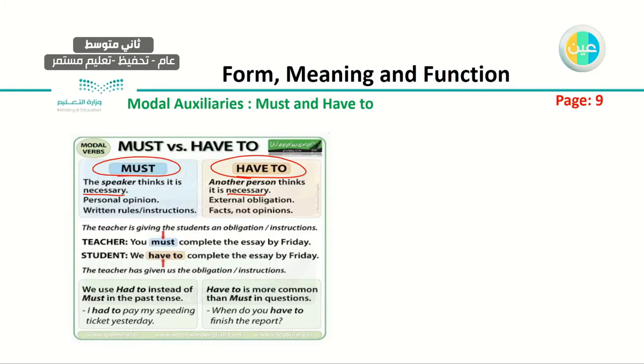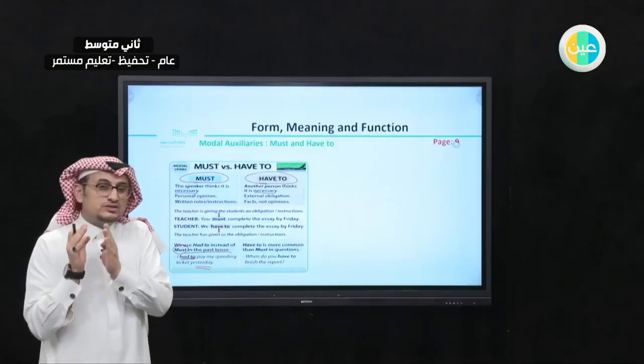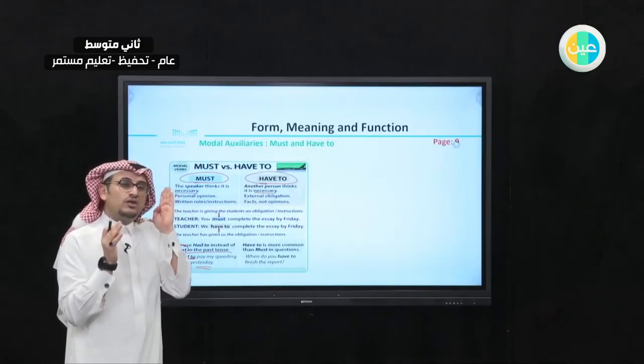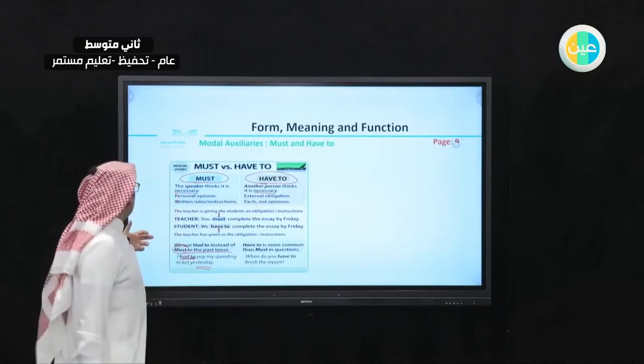We use had to instead of must in the past sentence. I had to pay my speeding ticket yesterday. We use had to instead of must because it's yesterday, it's in the past. So there is no past form for must.